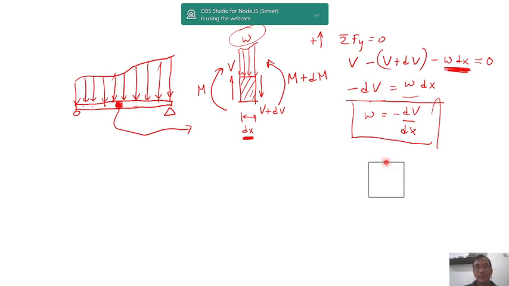Because the element is very small, we can assume that the shape is close to rectangular. That's why the force due to W is the same as W multiplied by dx. That's correct.